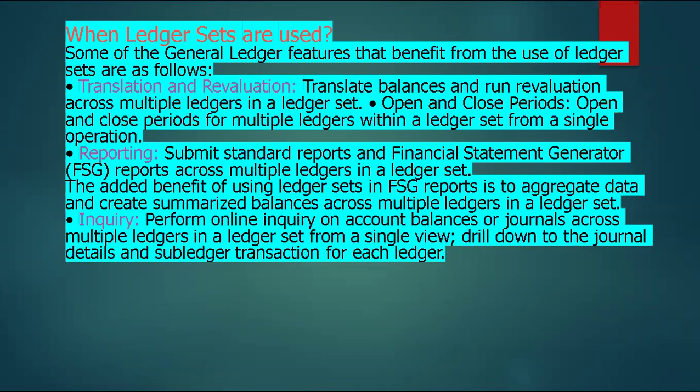We can also use it when opening and closing periods for multiple ledgers within a ledger set in a single operation. Also, we will be able to do reporting, that is submit standard reports and Financial Statement Generator (FSG) reports across multiple ledgers in a ledger set.